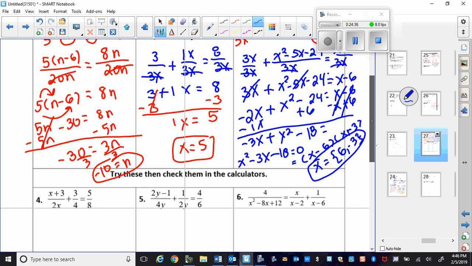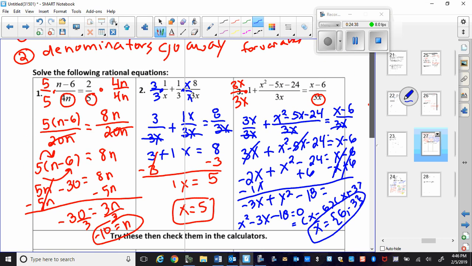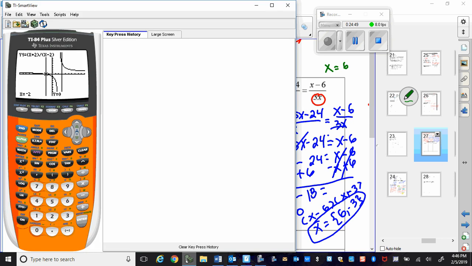So my original function, we're going to check to see, does x equal 3? And does x equal 6? Alright? So, I'm going to go plug these in.